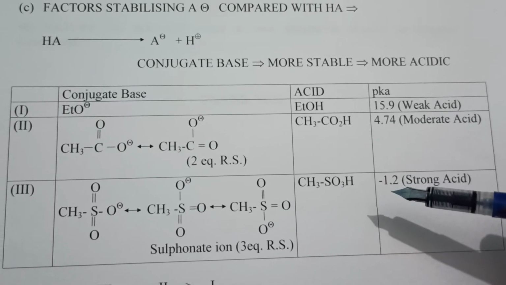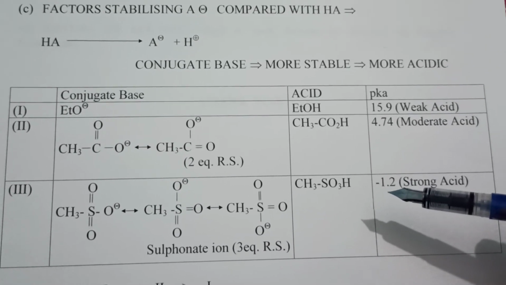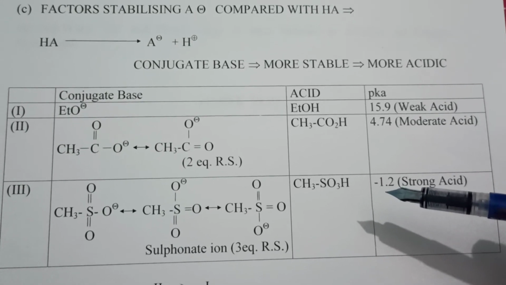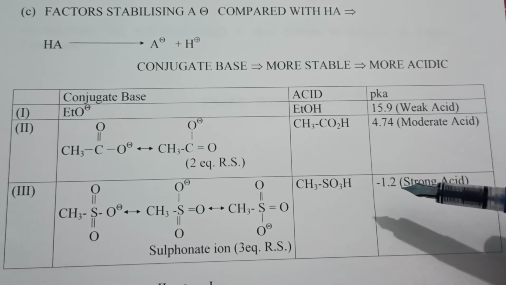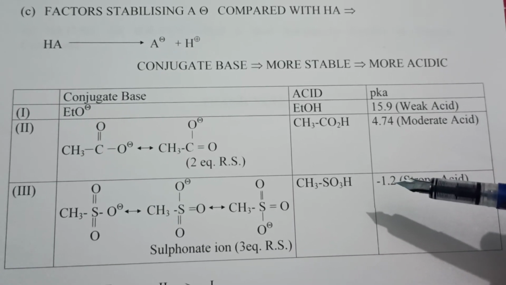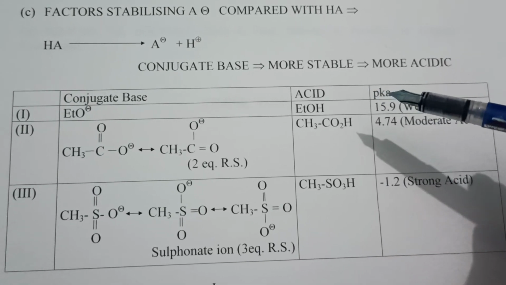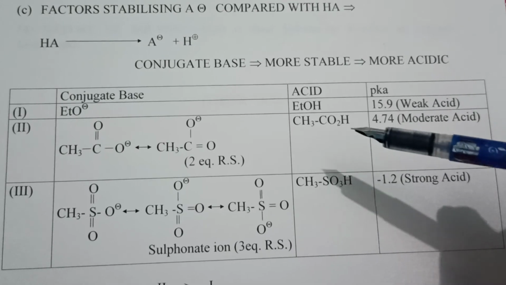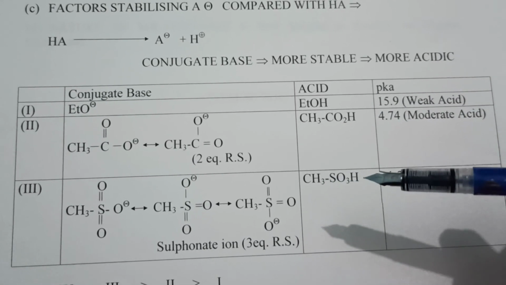As we know, pKa is equal to minus log of Ka, and if a compound has a lower pKa, then it is more acidic. That's why methane sulfonic acid is the strongest acid, as it has a negative pKa value, whereas in this series ethanol is the least acidic, and acetic acid is situated between ethanol and methane sulfonic acid.